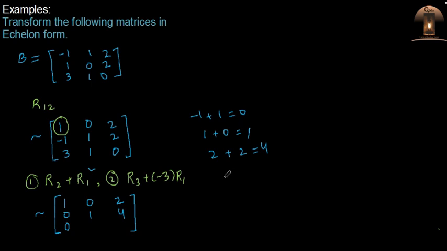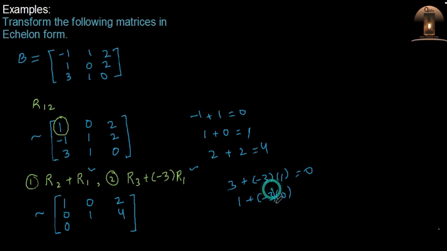Similarly, for the third row, when you apply this operation, the element is 3, plus minus 3 times row 1, the element is 1. At this first position, this will be equal to 0. So this will be 0 here, and then the second element of row 3, that is 1, plus minus 3 into 0, the element of row 1 in the same position.